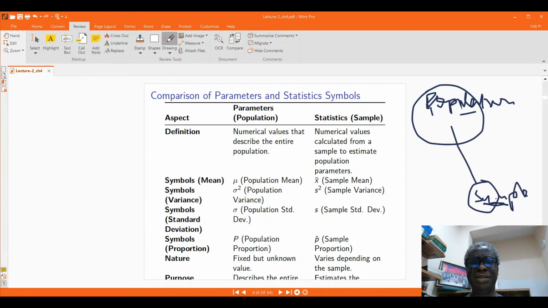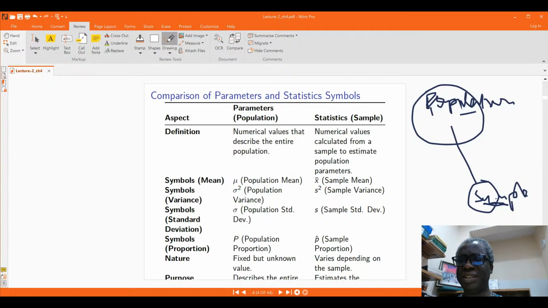Another value that we can compute from the population is the proportion. For proportion, we use P if the proportion is determined from the population. But if determined from the sample, then we use P hat.